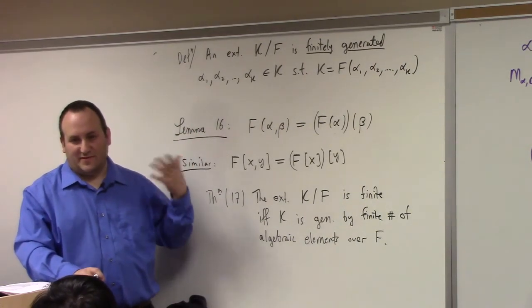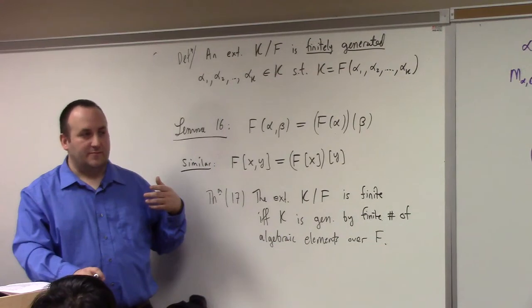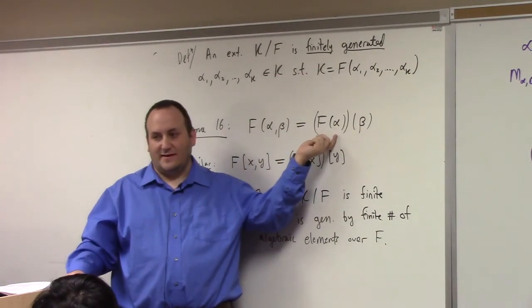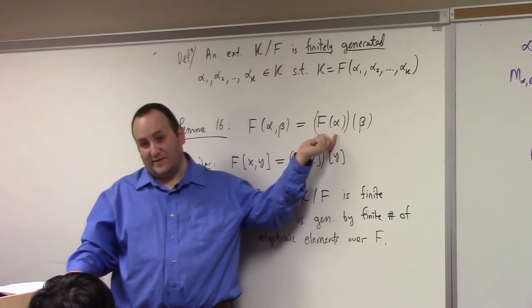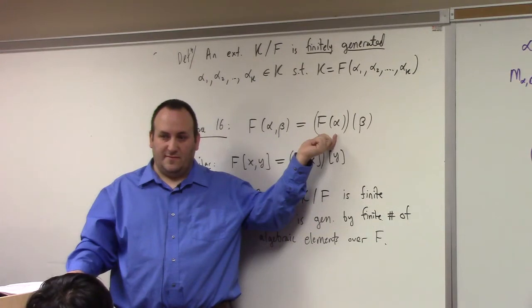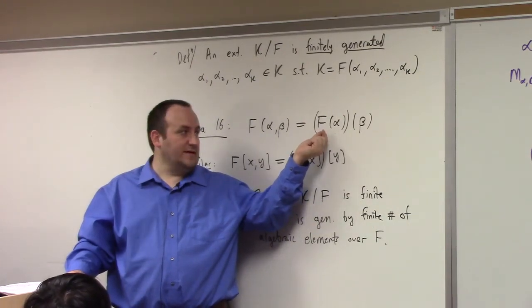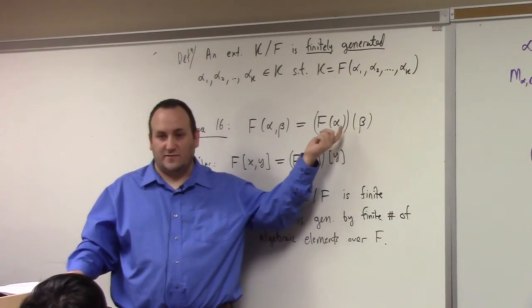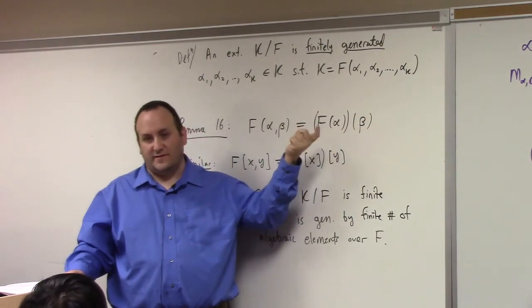And then you just repeat this argument. If we look at F with the k minus 1 elements adjoined, you can look at that as an extension of the field with k minus 2 elements by the k minus 1th element, which proves that that element is algebraic over F with the first k minus 2 elements adjoined. And you just keep doing this. Eventually you prove that everything is algebraic over the base field.